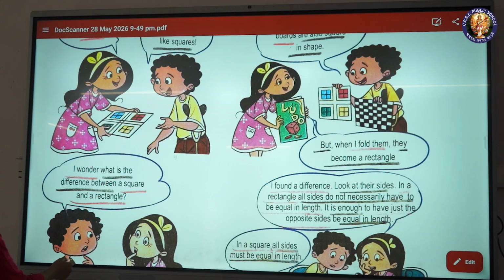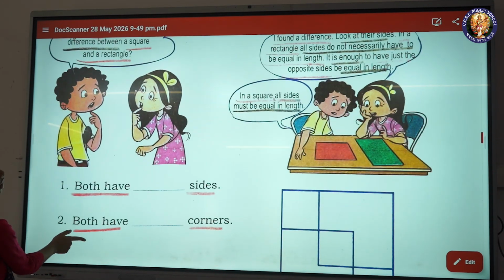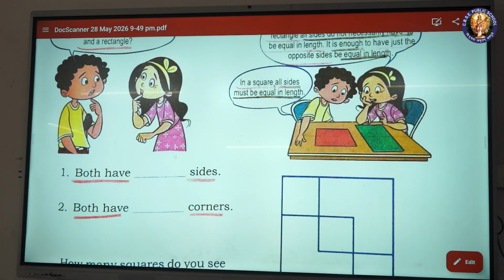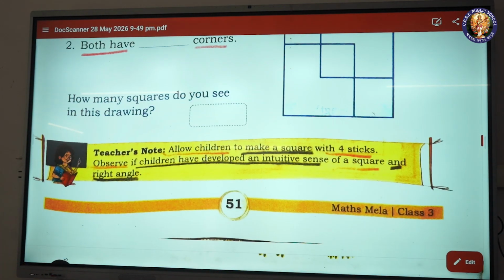In a square, all sides must be equal in length. 1. Both have sides. 2. Both have corners. How many squares do you see in this drawing?